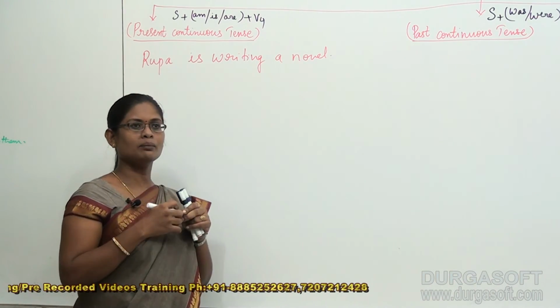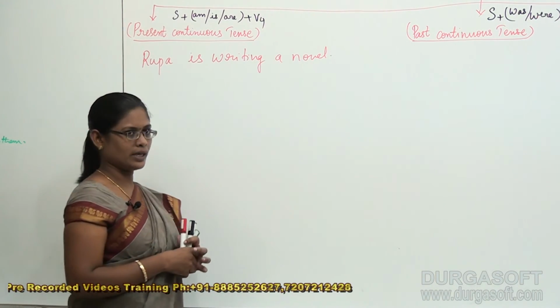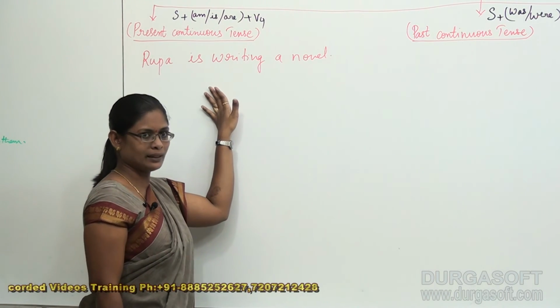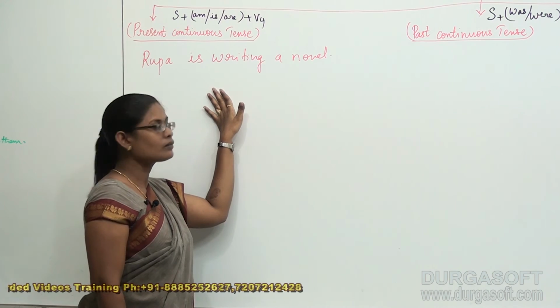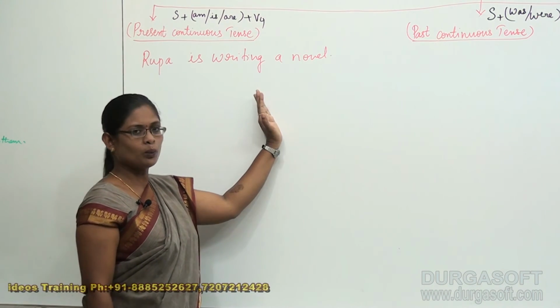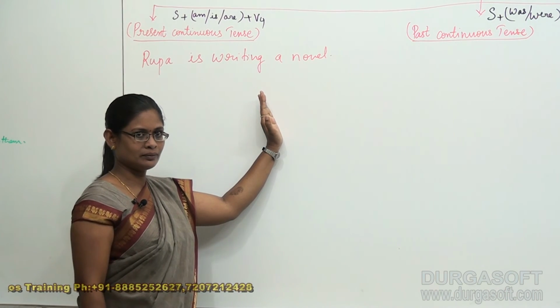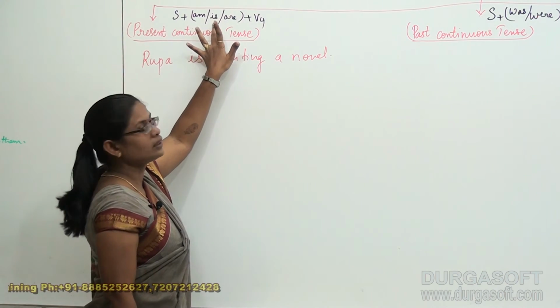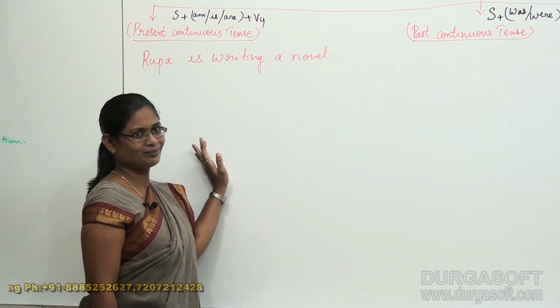This was the example that I would like to take. How do you think the example Rupa is writing a novel has taken place here? This has existed because of the structure that we have got on the board.